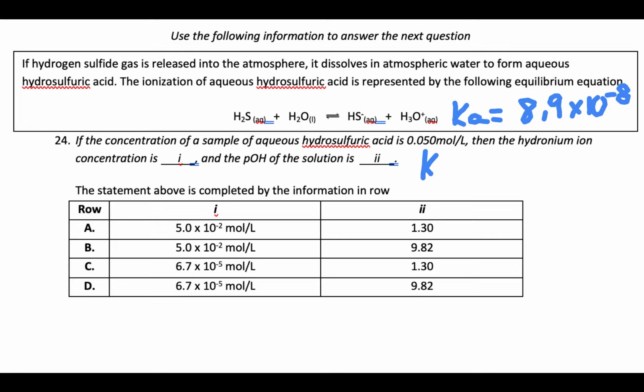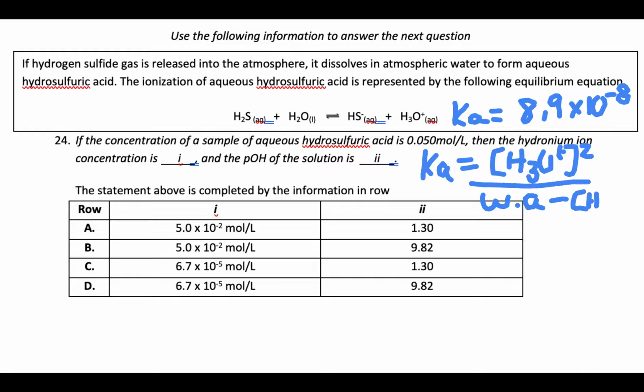So when you are looking at the Ka formula, it is the hydronium ion squared divided by the concentration of your weak acid minus hydronium. Just like that question we did with hydroxide, if you're finding it, you could ignore it in the denominator. If you have it, use it. In this case, we want to find it because we have Ka, we have the concentration of the weak acid.